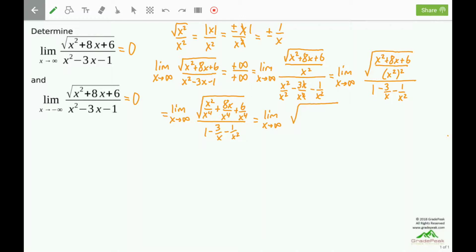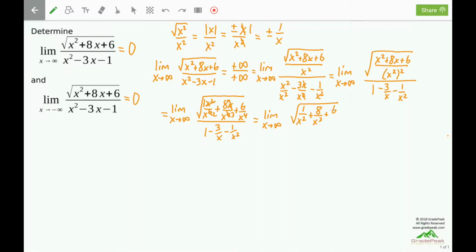In the numerator, the first term can have 2 of the x's in its denominator cancel with the two x's in the numerator, leaving a 1 over x squared. The second term can have one of the x's in the denominator cancel with the x in the numerator, leaving a positive 8 over x cubed.